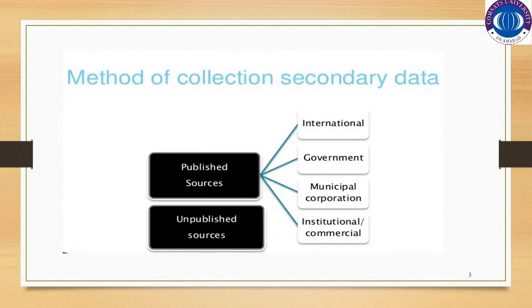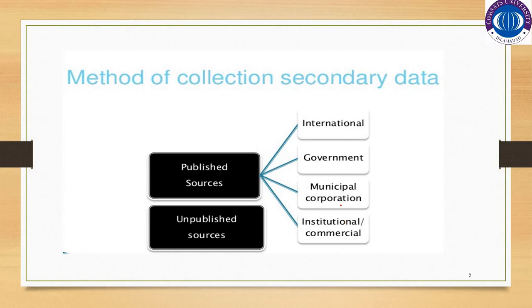Method of collection of secondary data. There are published sources and unpublished sources as well. The published sources could be international, from government sources, from the municipal corporation, institutional, or commercial. All these are published sources.